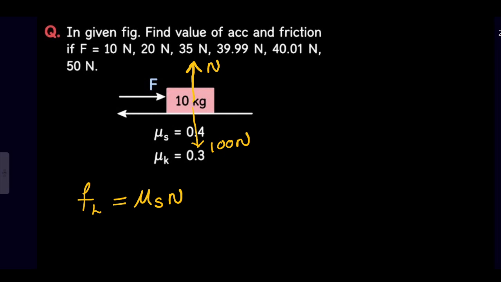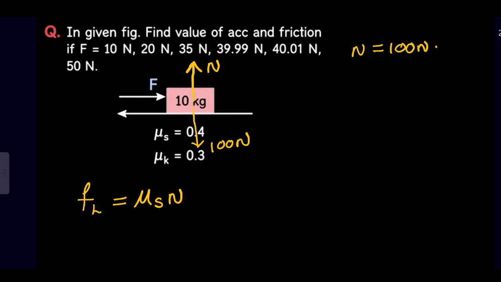The body is neither moving up nor down, so the upward force equals the downward force, balanced. So I can write N is equal to 100. Is this step clear?